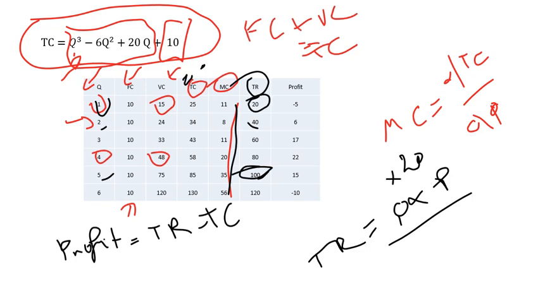So 20 minus 25, it is minus 5. 40 minus 34, it is 6, and so on. This way we get all the values of profit for each produced quantity. Here, if we check to find the highest profit if the quantity is limited to 6, we will find 22.